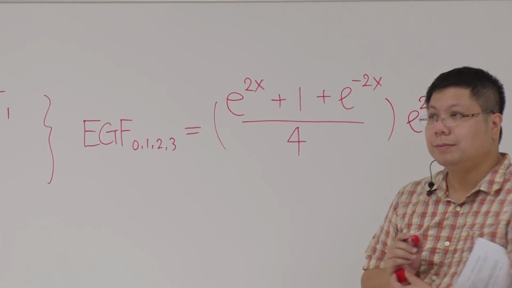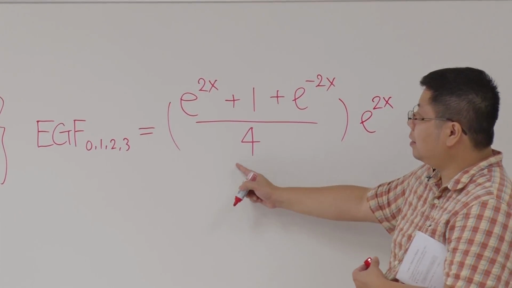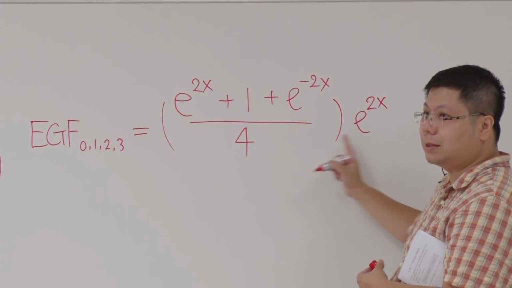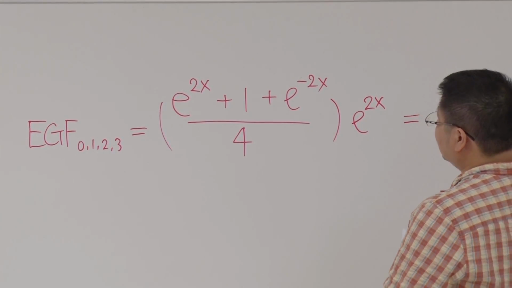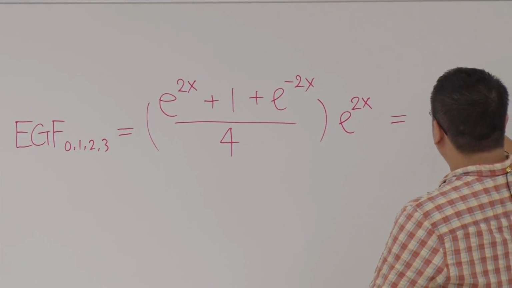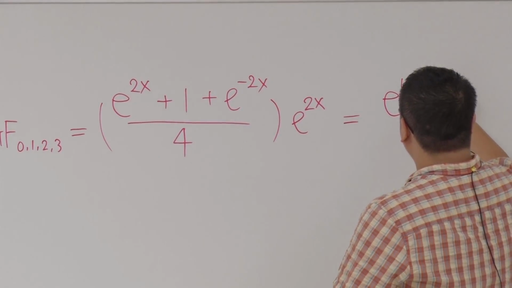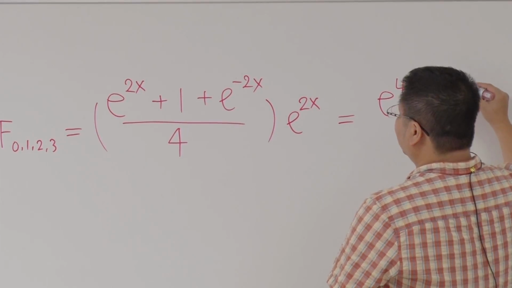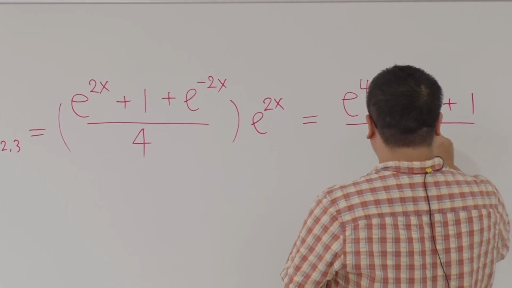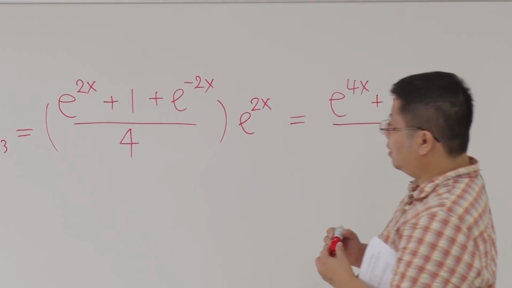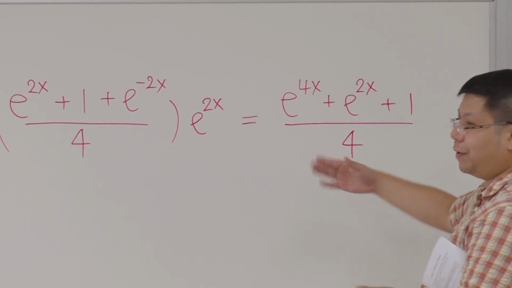This is E0, E1. This is E2, E3. So this is equal to e to the power 4x plus 2 e to the power 2x plus 1 divided by 4. Okay. Let's leave it aside.